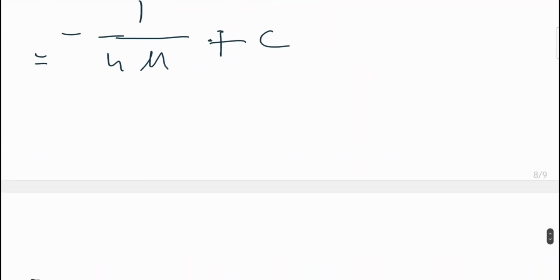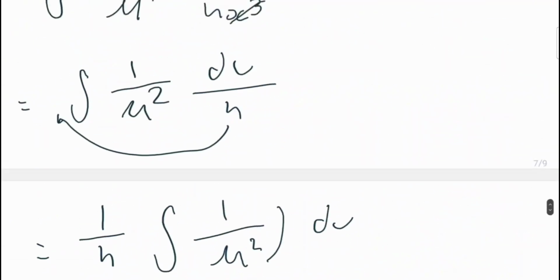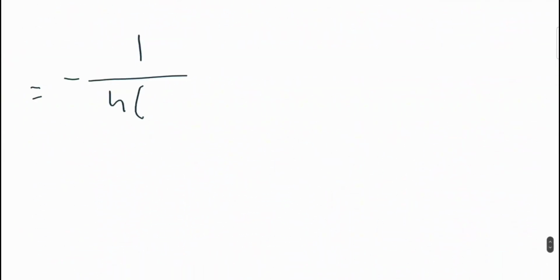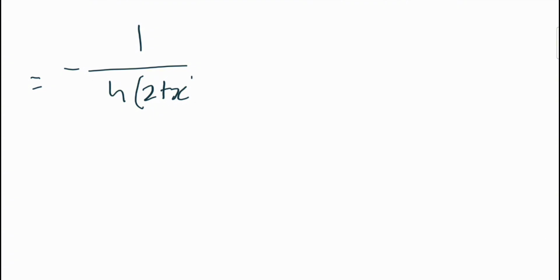We're going to put that back in for u now. So this is going to equal negative 1 over 4 times 2 plus x to the 4th, plus c. So this is going to be our final answer.